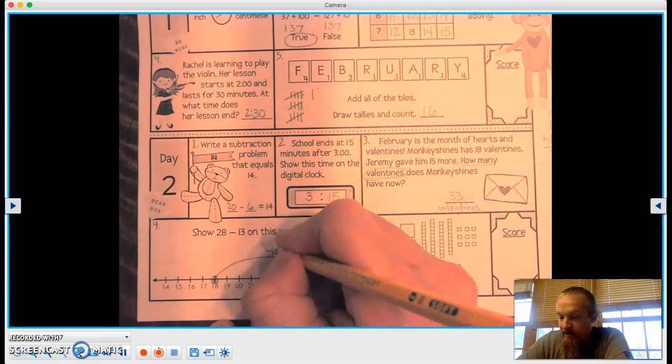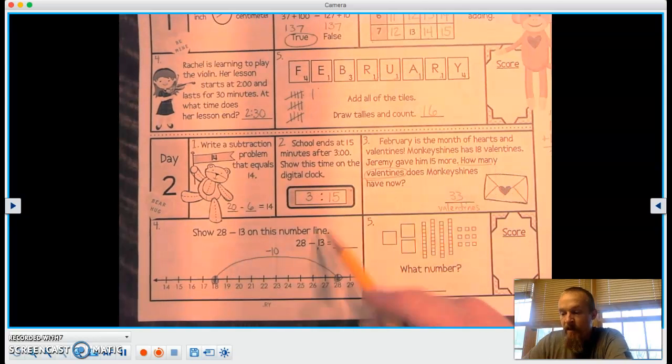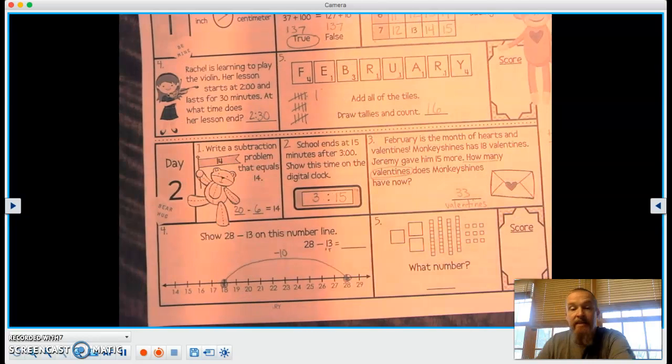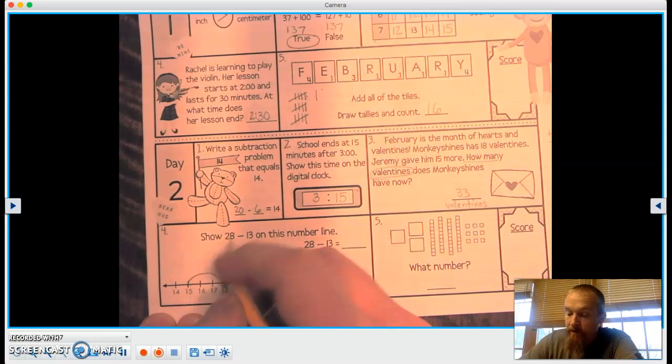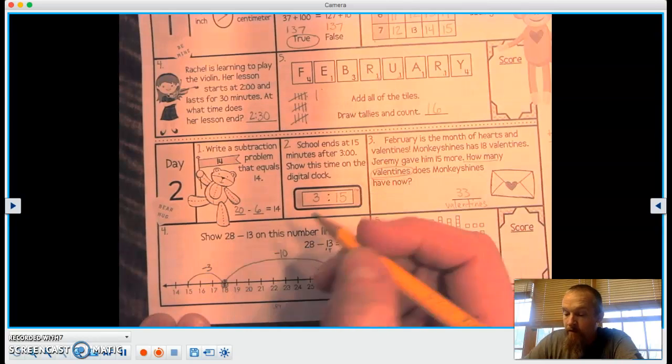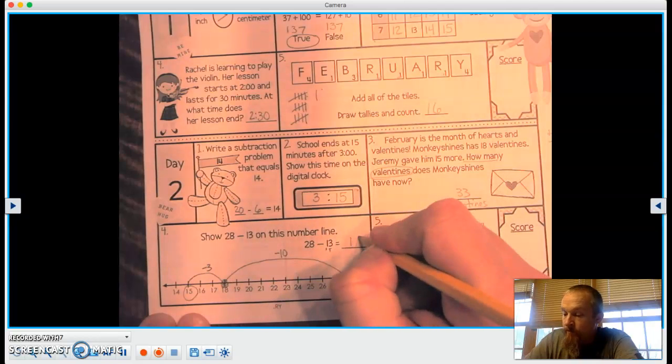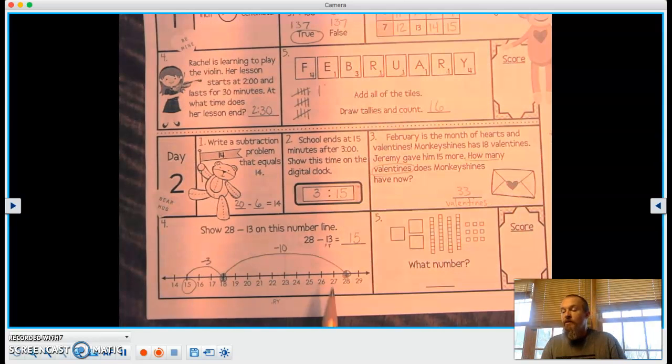So there's minus 10. And then we still need to take 3 more away. Well, there's 1, 2, 3. So again, 28, there's the 10, so we're going to take the 10 off, then we take away the 3 ones, okay?